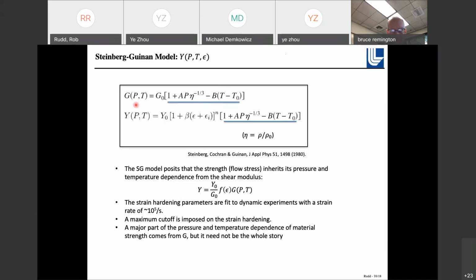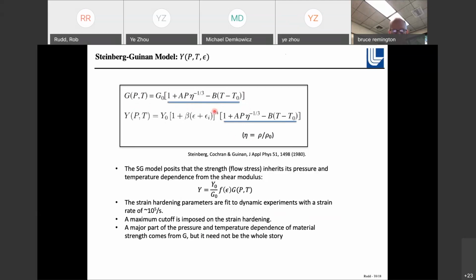And so we can model the shear modulus basically with a linear pressure and temperature response. So that's these terms. The P here is the pressure, the T is the temperature. The linear pressure dependence is modified slightly by eta to the minus 1/3, where eta is the compression, so the ratio of the density to the initial density.